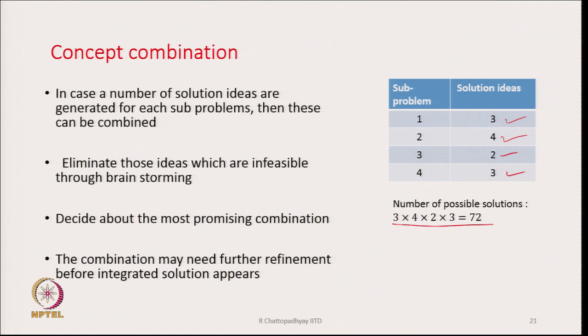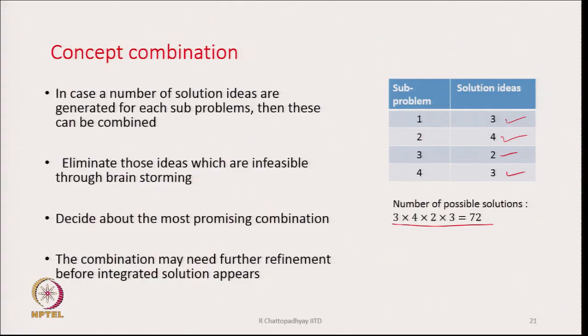Now, this is something which is not really feasible. So, we have to work out something, sometimes, so that I can combine the concepts or ideas that have been generated by different people.